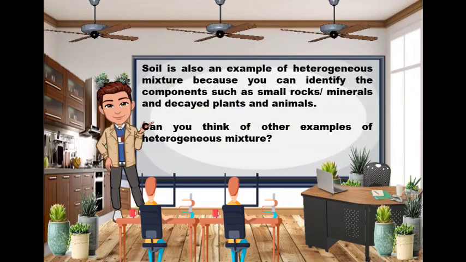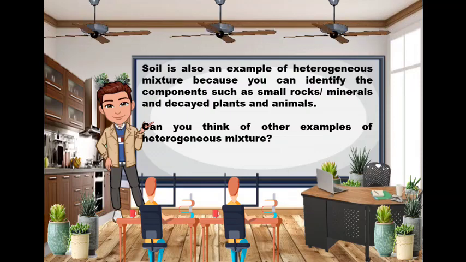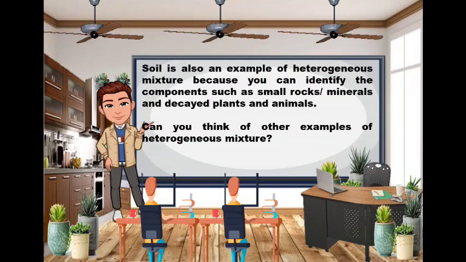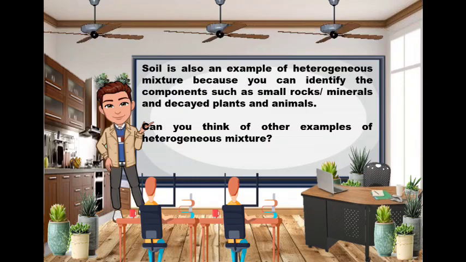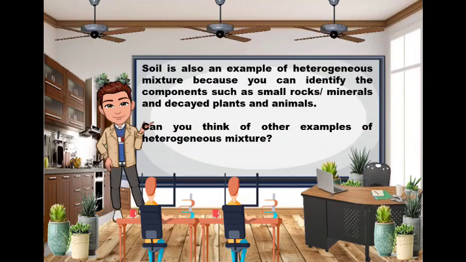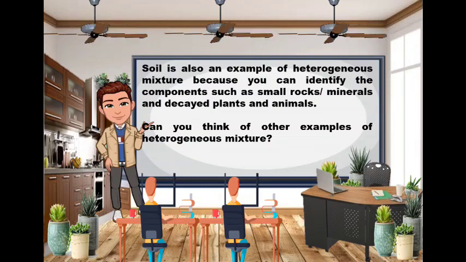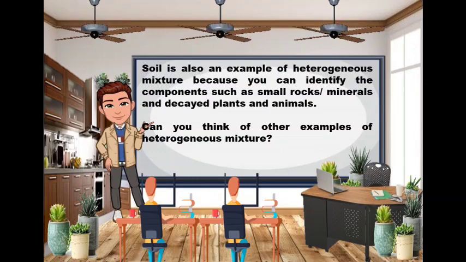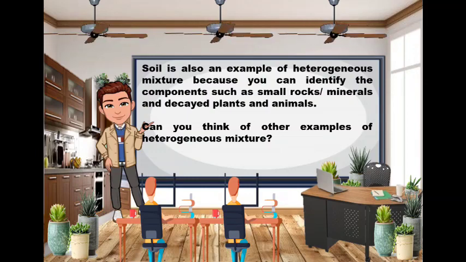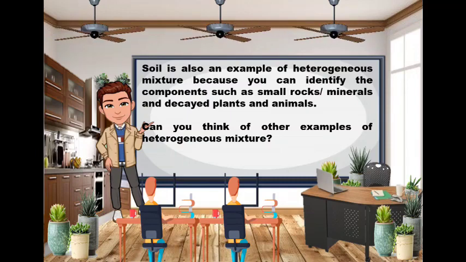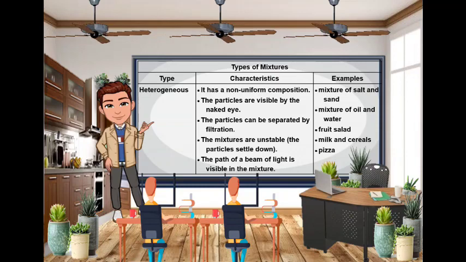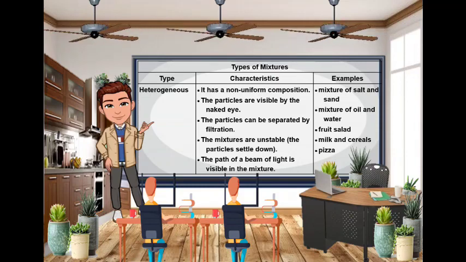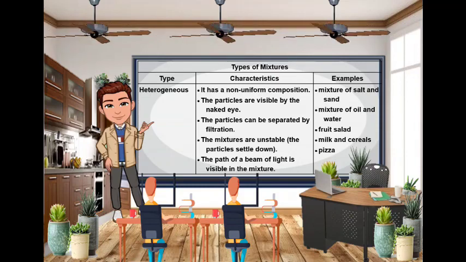Soil is also an example of heterogeneous mixture because you can identify the components such as rocks and decayed plants and animals. Can you think of other examples of heterogeneous mixture? Very good.